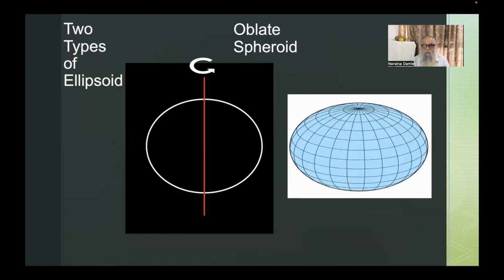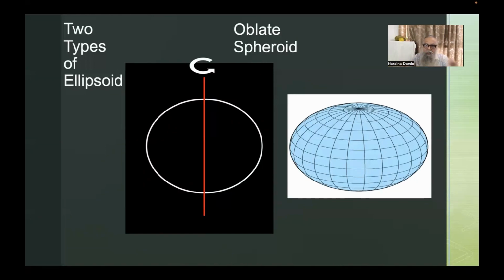Now, incidentally, I'll tell you one more thing which I learned yesterday. These are called spheroids because they are generated by rotation. Now, we also have a third type of ellipsoid. In this, if you take the X, Y, Z axes of the ellipsoid, two dimensions are the same and the third one is different.